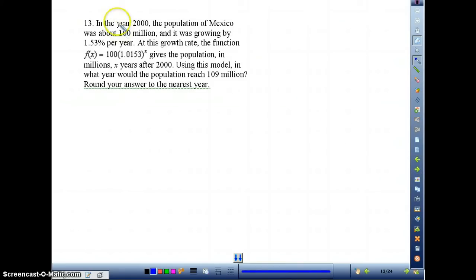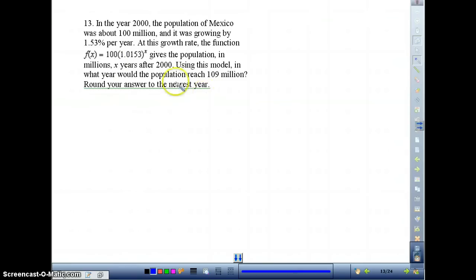Number 13. In the year 2000, the population of Mexico was about 100 million, and it was growing by 1.53% per year. At this growth rate, the function f of x equals 100 times 1.0153 raised to the x gives the population in millions x years after 2000.